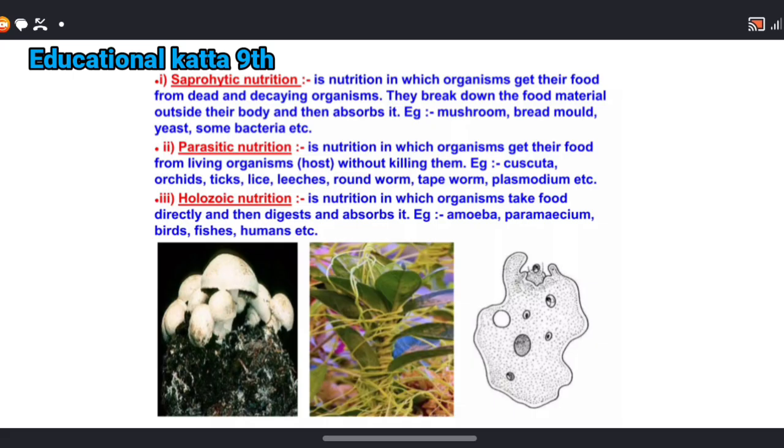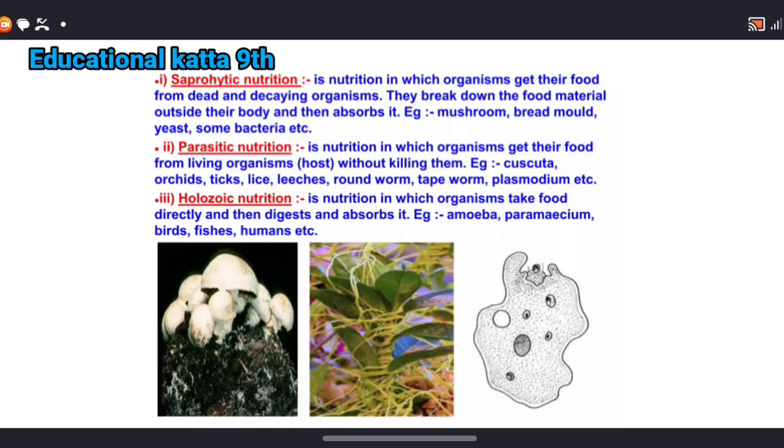Okay, they break down food materials outside the body and then absorb it. ठीक है, हम बाहर ब्रेक डाउन करते, क्या हम अंदर ब्रेक डाउन करते फूड का, है ना? तो एग्जाम्पल क्या है? मशरूम, ब्रेड मोल्ड्स, ईस्ट एंड सम बैक्टीरियाज.